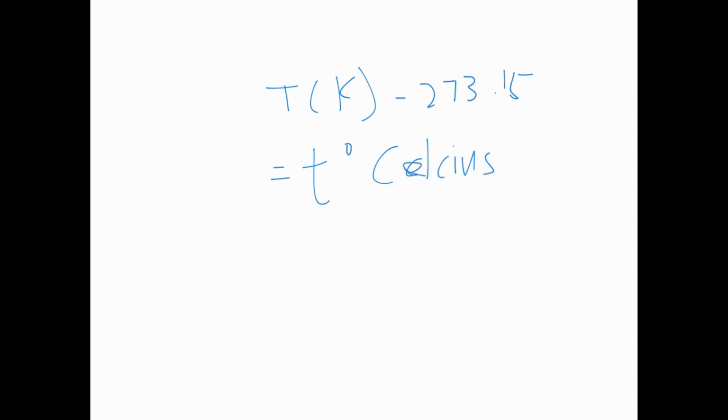Meaning, if you take the temperature in Kelvin and subtract 273.15, which is how much you shifted the zero, you get the temperature in degrees Celsius. When you do it this way, your temperature values will be similar to the centigrade values. Therefore, the symbol we are very familiar with is also degree C.